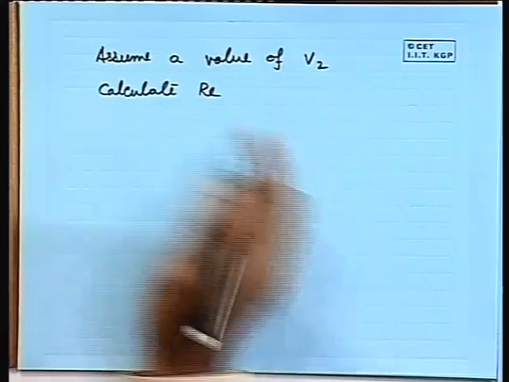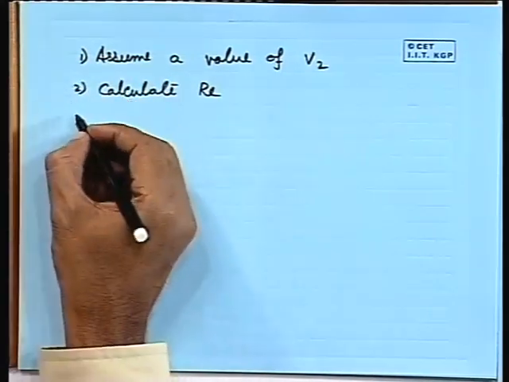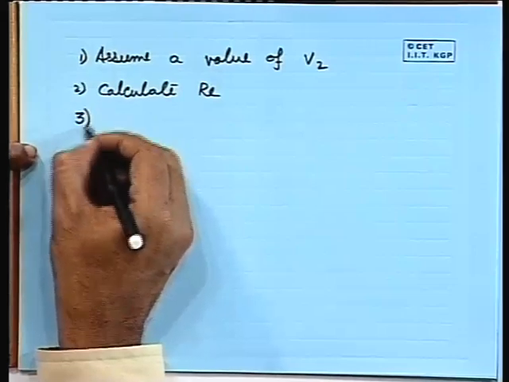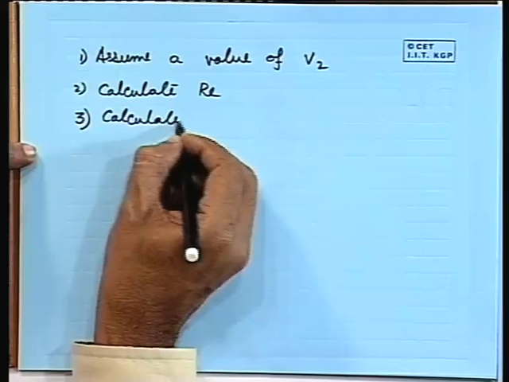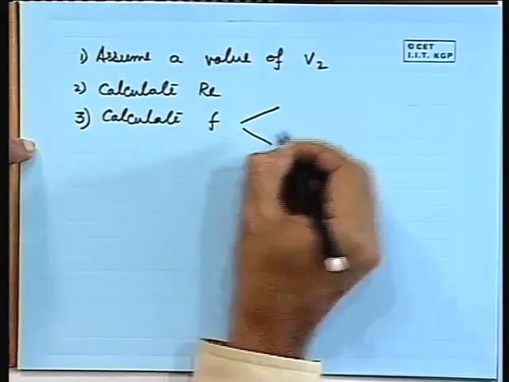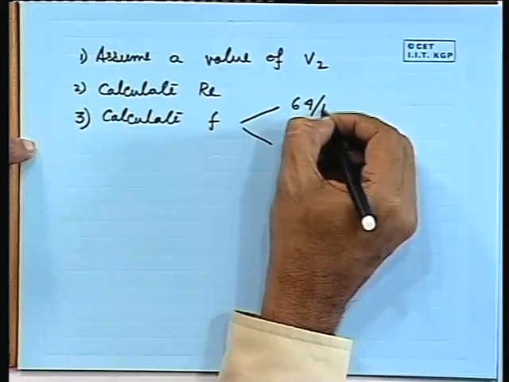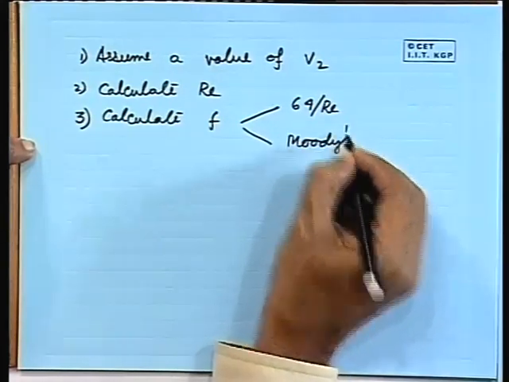Okay. Let us say this is... calculate F. So either this is 64 by RE or Moody's chart.